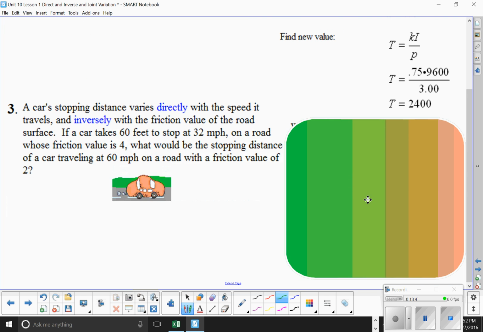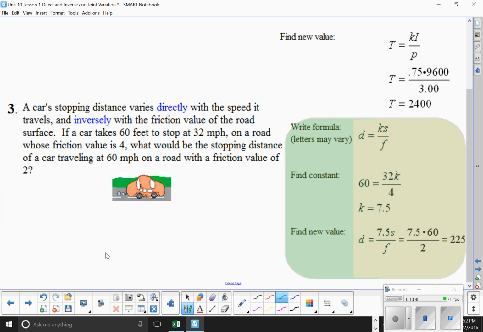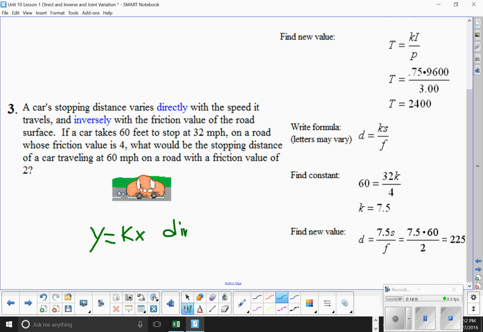Okay, down here. And again, notice I've put the words directly and inversely. Y equals kx, that's direct. Y equals k over x, that's inverse. So read it, set it up, write out the formula.